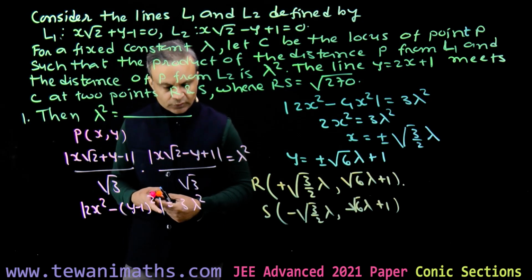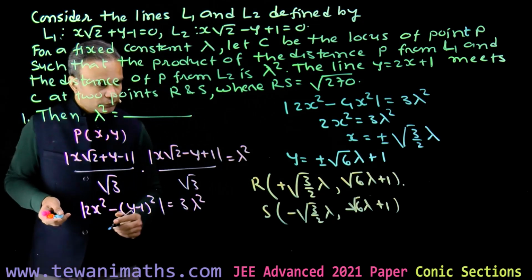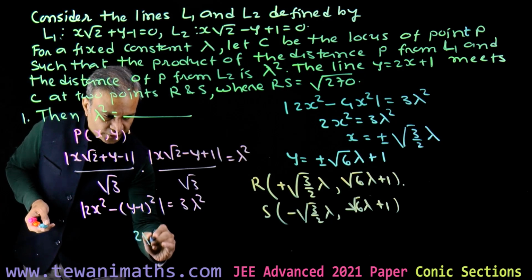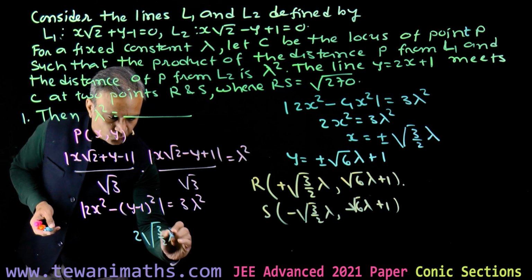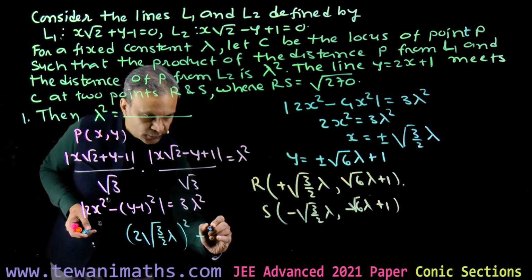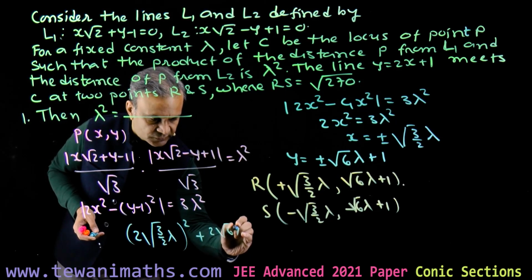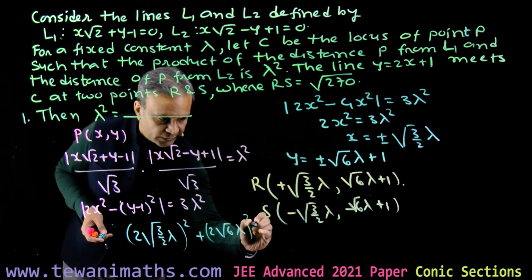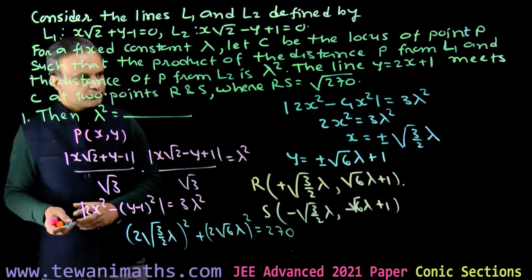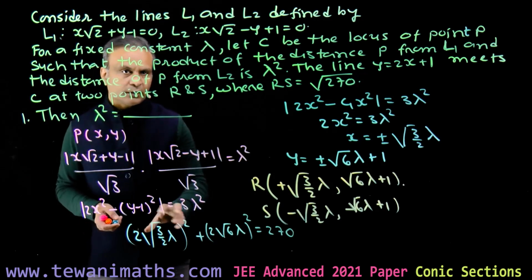So we use the distance formula. We get (2 into root 3 upon 2 lambda) whole square plus (2 into root 6 lambda) whole square equal to 270. We are squaring both sides.